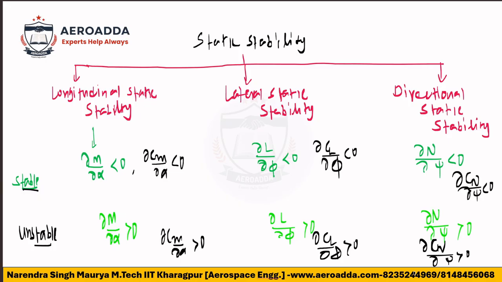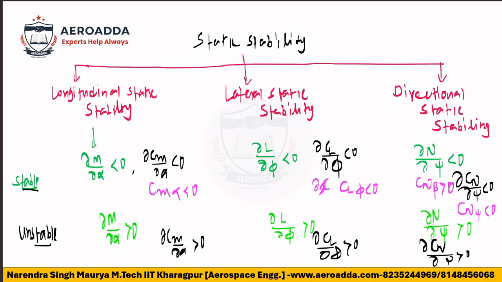In a few books, like Nielsen, they have nicely written Cm alpha less than 0, Cl phi less than 0, Cn psi less than 0. But for this you can also write Cn beta, which is positive, rather than this.